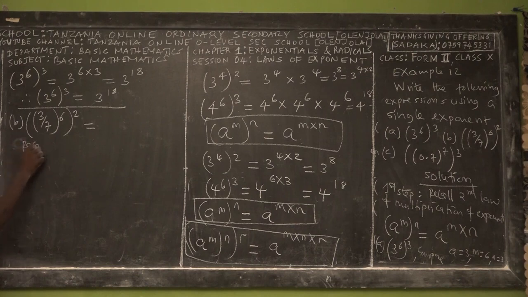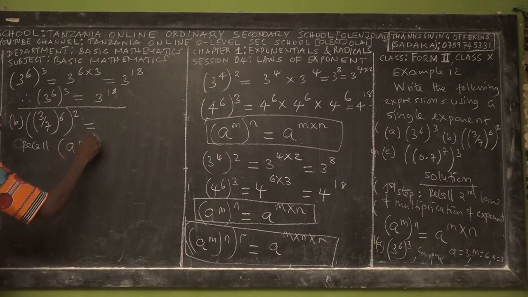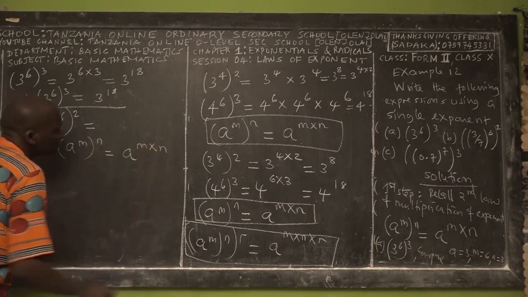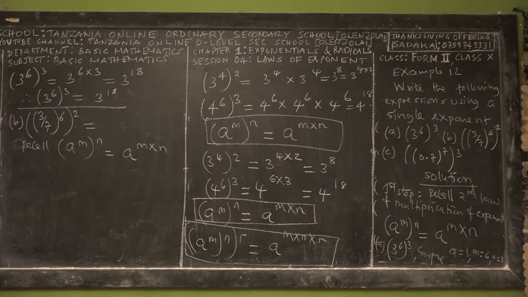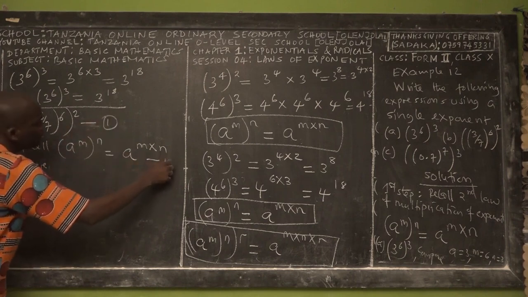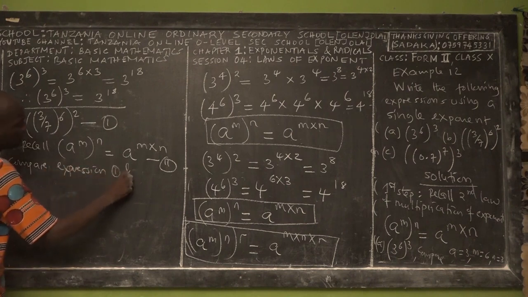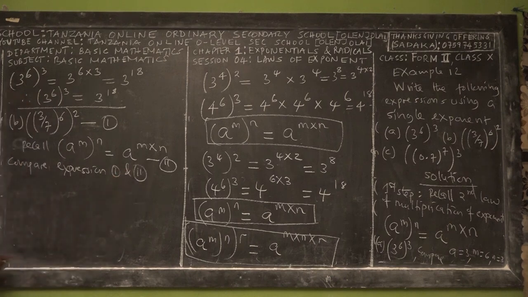If we recall the law, a power m, then power n, is equal to a power m times n. So we compare expression 1 and expression 2.